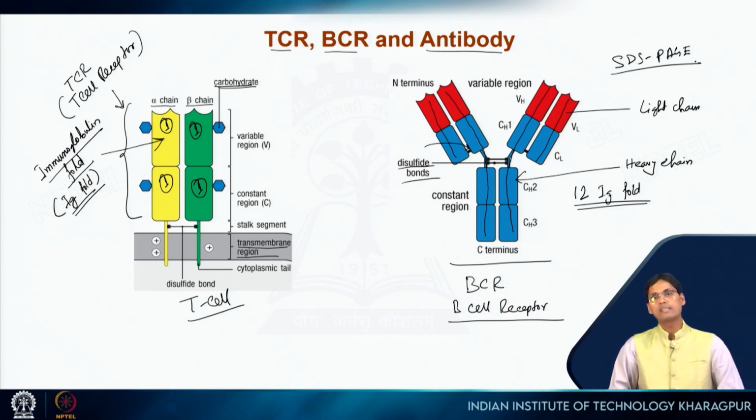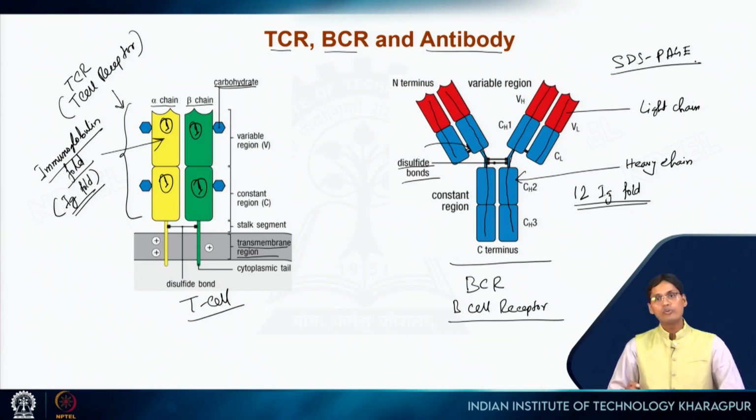If we run an SDS-PAGE and load antibody, how many bands will we get? We will get 2 bands, because SDS-PAGE denatures the protein, and generally we add some reducing agent, either beta-mercaptoethanol or DTT, dithiothreitol. They reduce the disulfide bonds. As a result, you will get 2 bands.